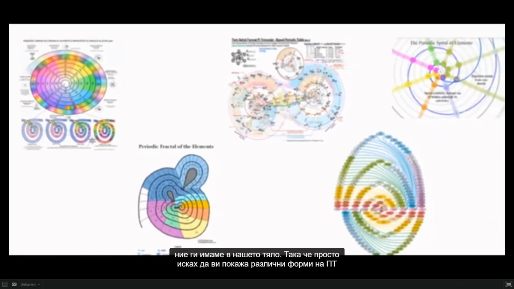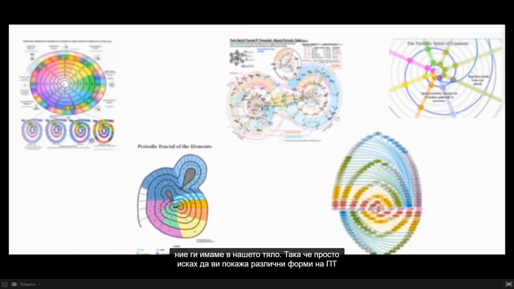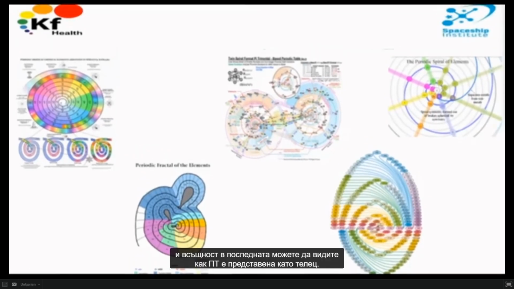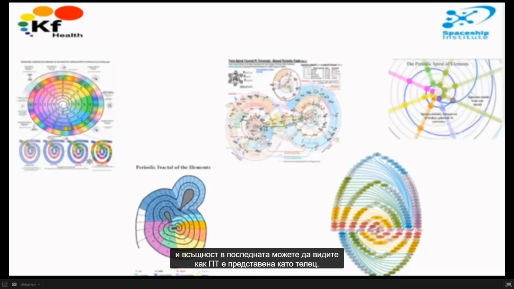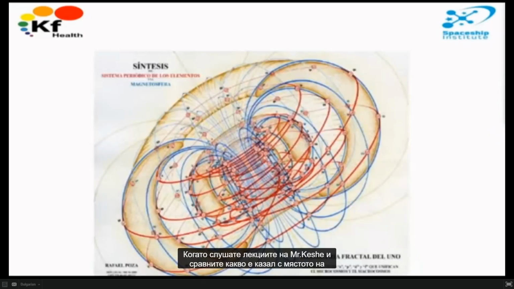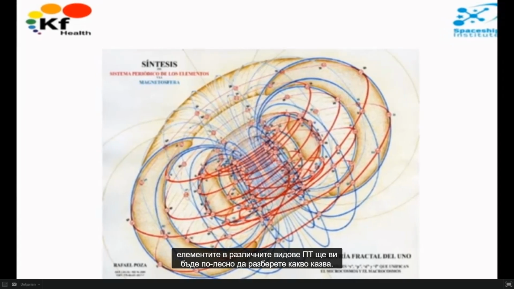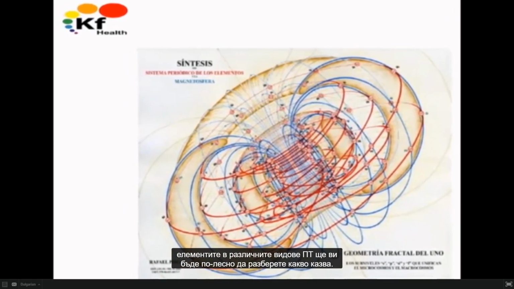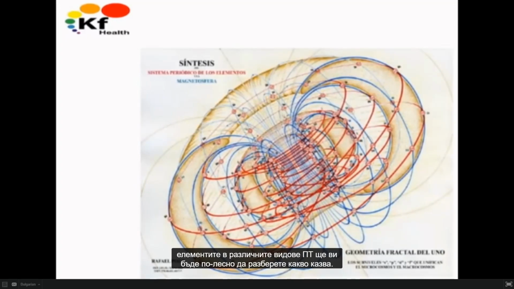So I just wanted to show different shapes of the periodic table. And actually, in the last one, you are able to see how the periodic table is represented as a torus. When you listen to the lectures of Mr. Keshe and compare what he said to the place of elements in different kinds of periodic tables, it will be easier for you to understand his talking.